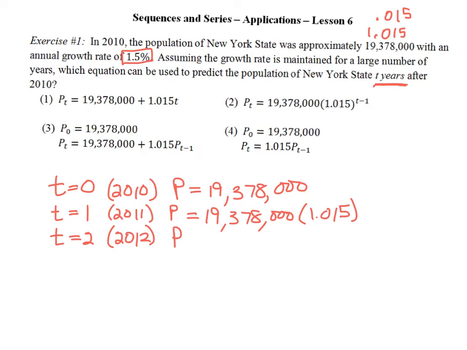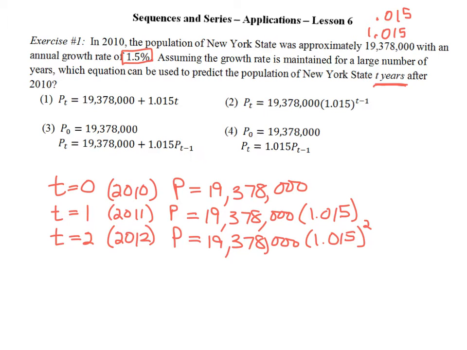So in that case, P is going to be equal to that 19,378,000 multiplied by 1.015, this time to the second power. So you can see the pattern that's going to tell us how we get the population for any value of T. So let's look at these multiple choice answers and see which one makes sense according to the time and population that we know has to happen.